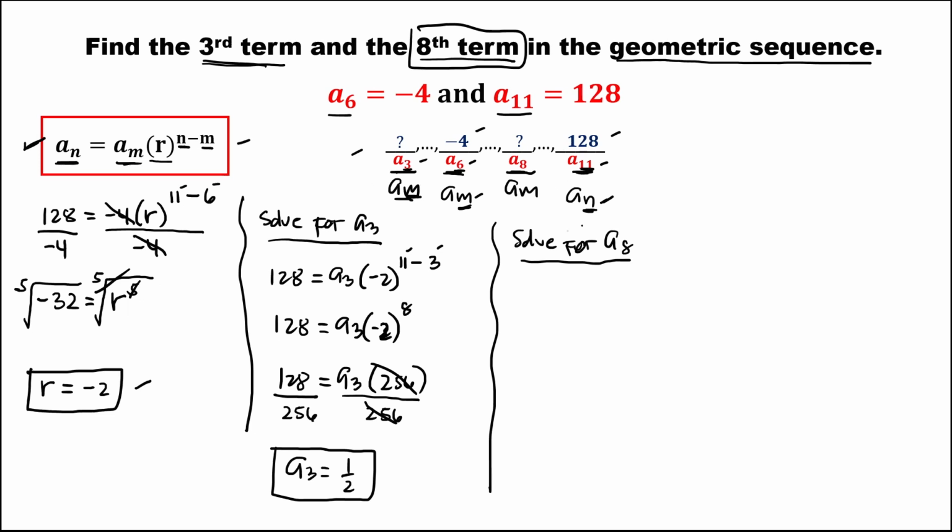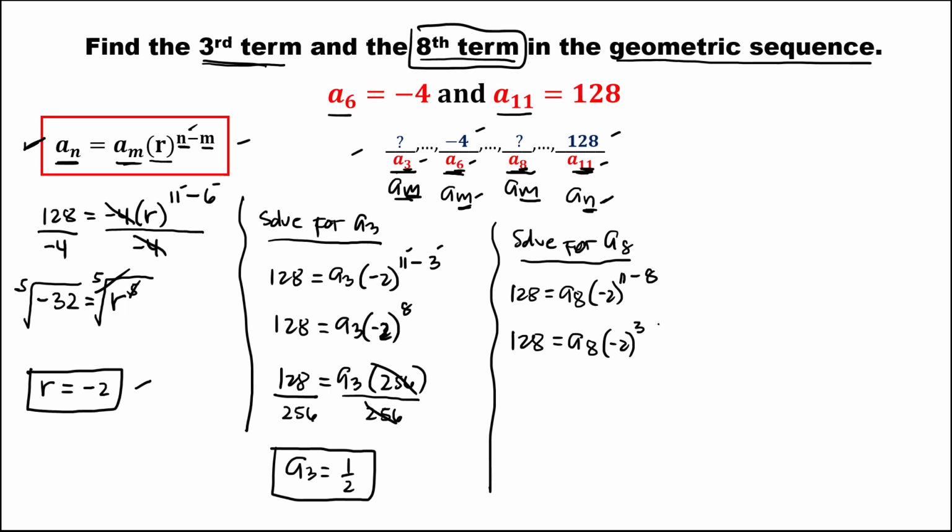So using this formula, a sub n, that's 128, equals a sub 8 times the common ratio, negative 2, to the power n, where n is 11, minus m, which is equal to 8. To simplify, 128 equals a sub 8 times negative 2 to the power 3, since 11 minus 8 is 3.